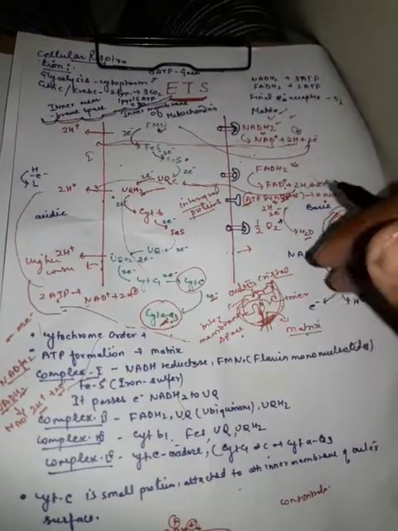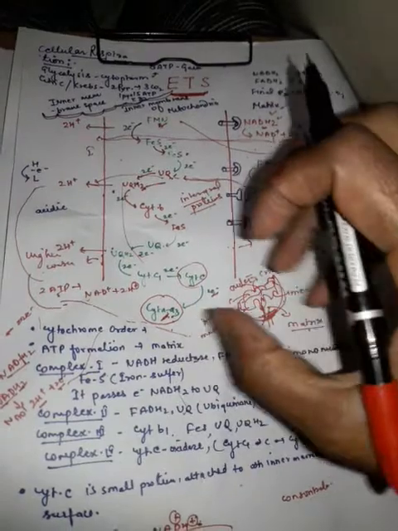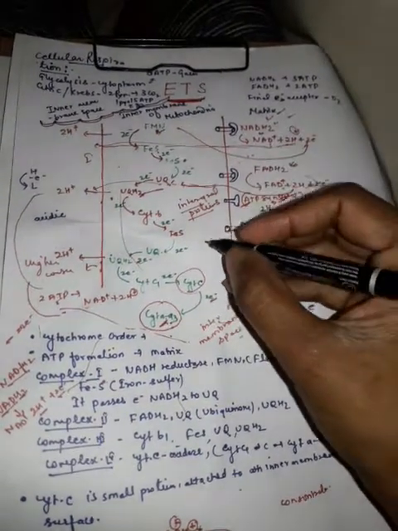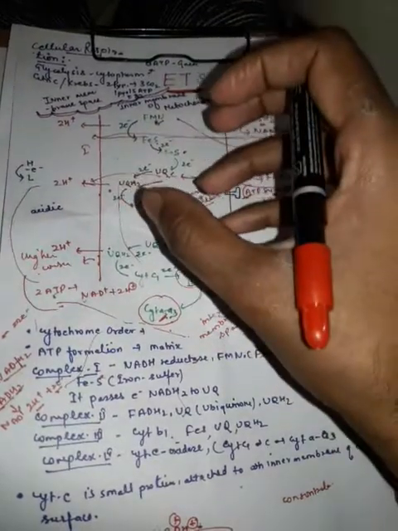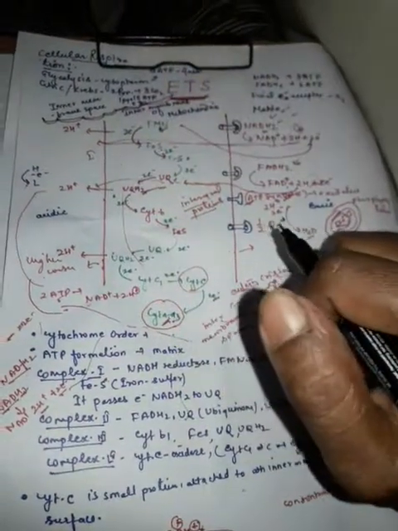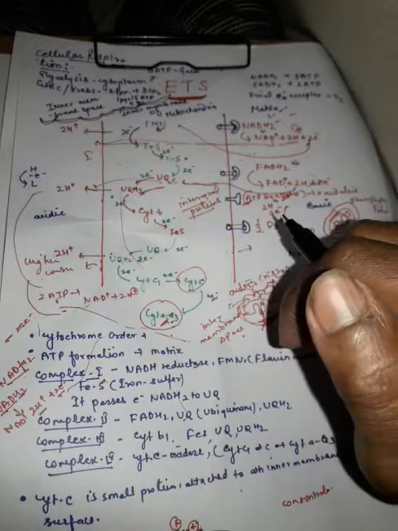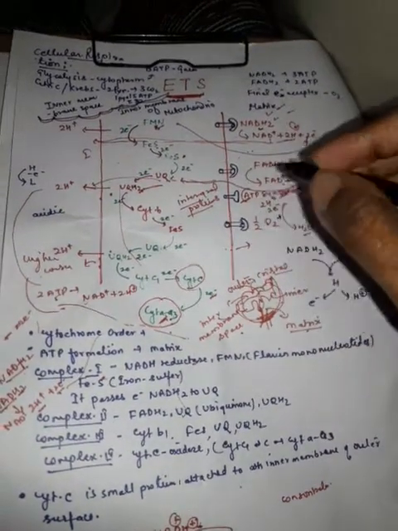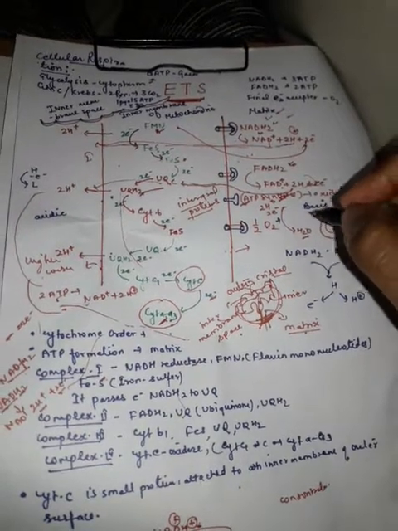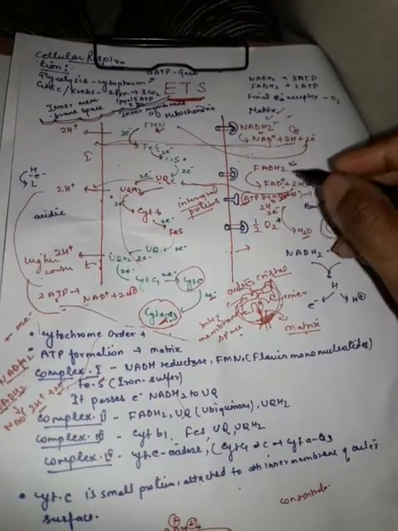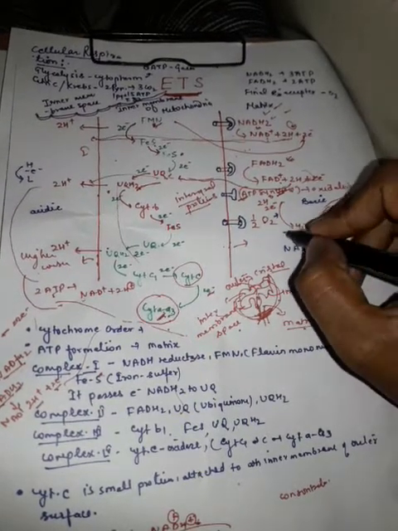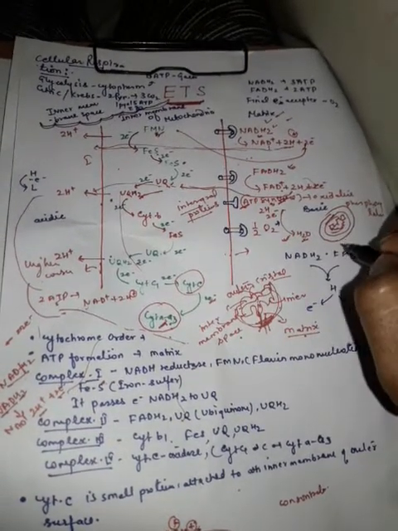Simple flow of energy takes place in this, and in the concentration gradient, means difference in concentration, the electron moves from higher to lower concentration, and these 2 hydrogen and 2 electrons are involved in the formation of water, okay.